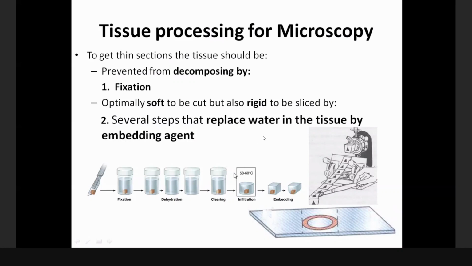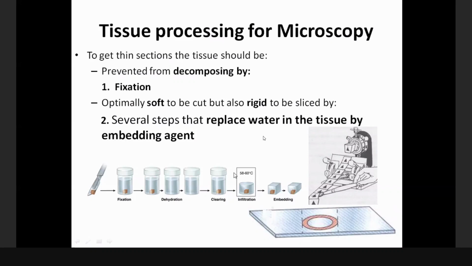In another method, you can also convert the water we have in our tissue into ice. For example, in frozen tissue preparation, we can also slice very thin sections if we freeze our tissue, meaning by converting the water we have in our tissue into ice. This is also a method used in histology.